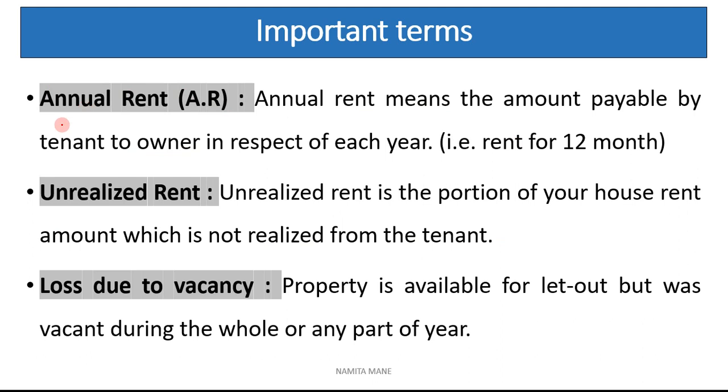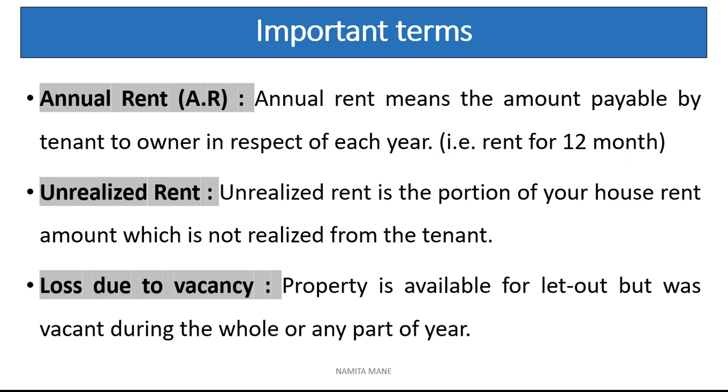Next is annual rent. Annual rent means the amount payable by the tenant to the owner in respect of each year, that is, rent for 12 months. For example, between owner and tenant it is decided that every month the tenant will give 1000 rupees to the owner as rent.